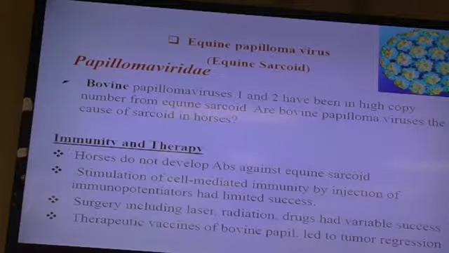So if BCG is injected in those animals, based on research, it seems to cure those animals from sarcoid. But also others can be attempted, like surgery, laser surgery, radiation, drugs, which have variable success, because in places that are difficult to reach, it's very difficult to remove this growth.